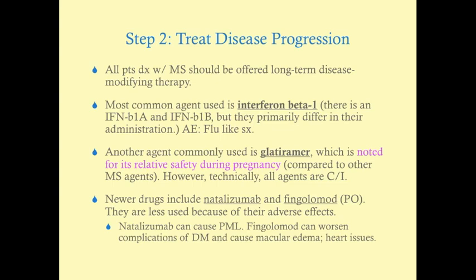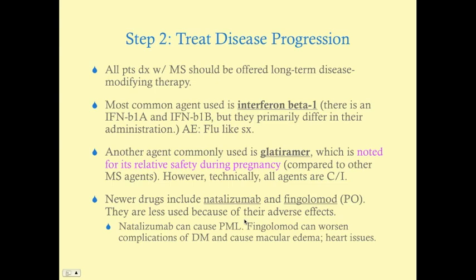for patients more so that aren't responding to interferon and glatiramer, and those include natalizumab and fingolimod. But like I said, they're not used as much because they have some more significant adverse effects. Natalizumab has an association with progressive multifocal leukoencephalopathy, which remember is caused by the JC virus.